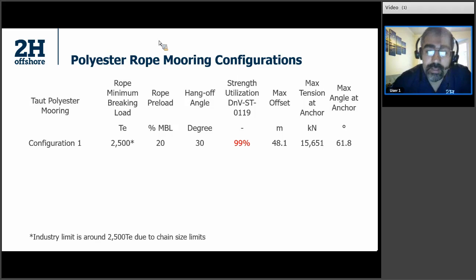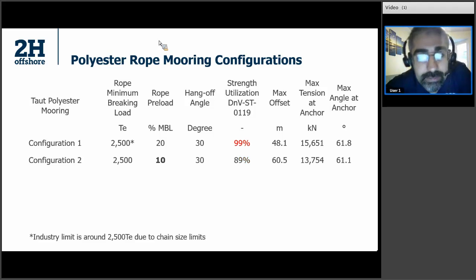So we want to lower it. One way to lower it is to reduce the amount of preload. Once you reduce the preload on the mooring line, the utilization goes down to 89%, which is okay. But we know that going from 30 degree to 45 degree hang-off angle is also going to help us in the design of the mooring.